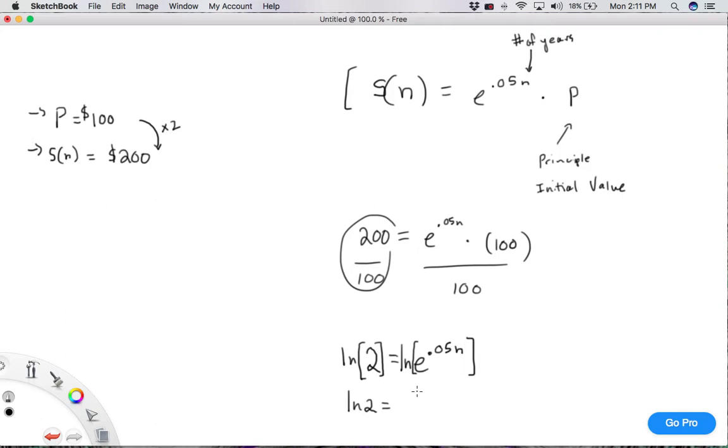On the right-hand side, the reason we were doing the log is that the log cancels out this e, so we're left with 0.05 n. And then to find out what n is, you just divide by 0.05. So we got ln of 2 divided by 0.05. And you type that into your calculator.